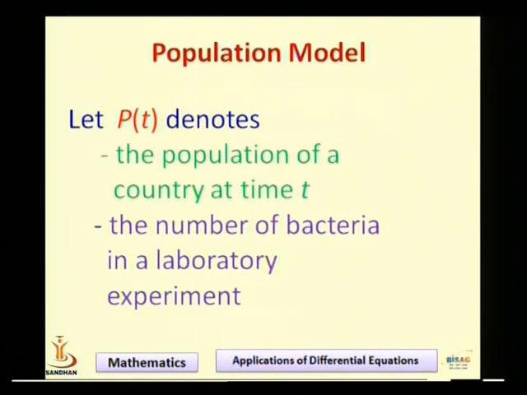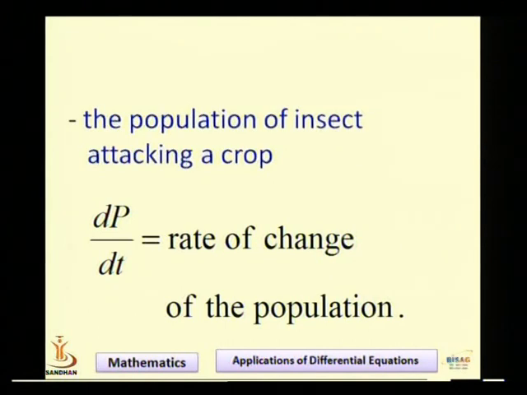Let me take the population model. Let us assume that P of t denotes either the population of a country at time t, or P of t represents the number of bacteria in a laboratory experiment, or P of t can be the population of insect attacking a crop in a field.